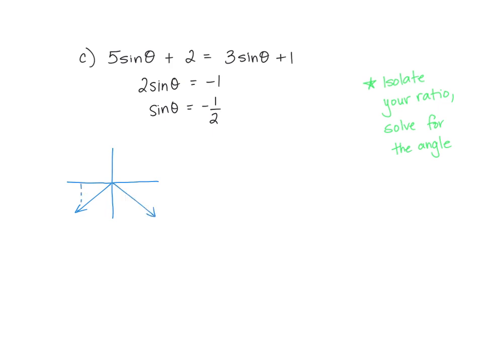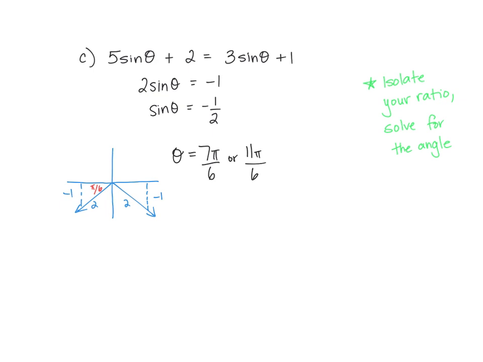We can drop our height to create that triangle, and I know my opposite side over my hypotenuse. Use that triangle to find my related acute angle, and then from there I can state the values of theta. So theta will be 7 pi by 6, or I'm pi by 6 shy of a full rotation, so it would be 11 pi by 6.